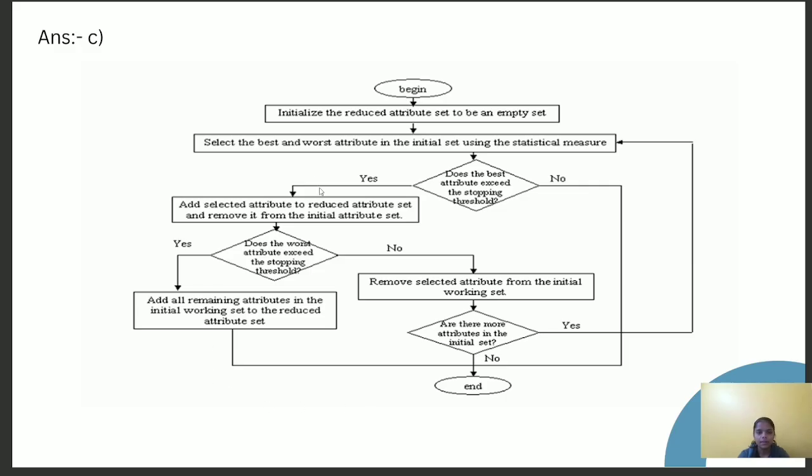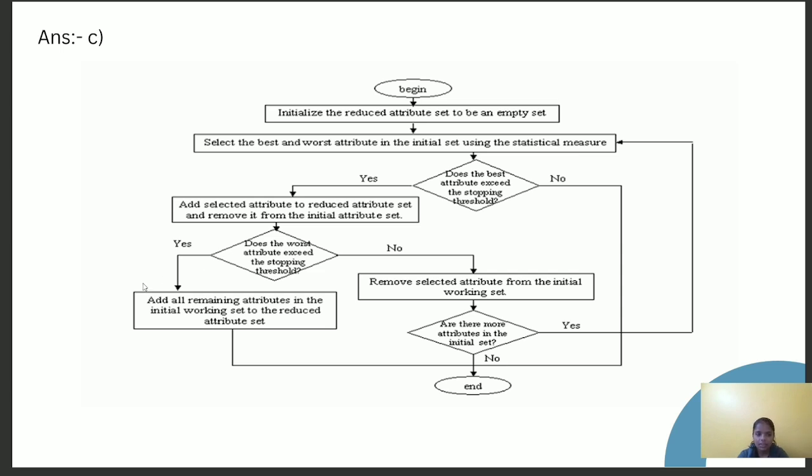If it is yes, then we select the attribute to add to the reduced attribute set and remove it from the initial attribute set. After this: does the worst attribute exceed the stopping threshold? Again, we check whether our attribute exceeds the stopping threshold.